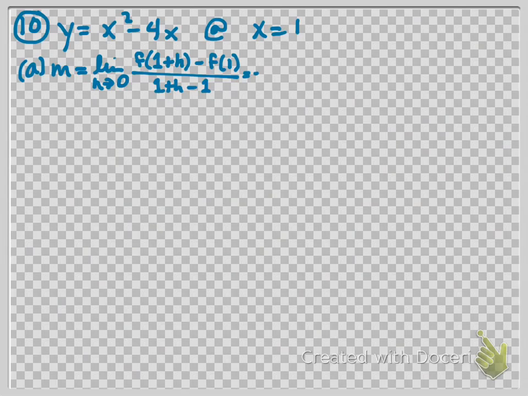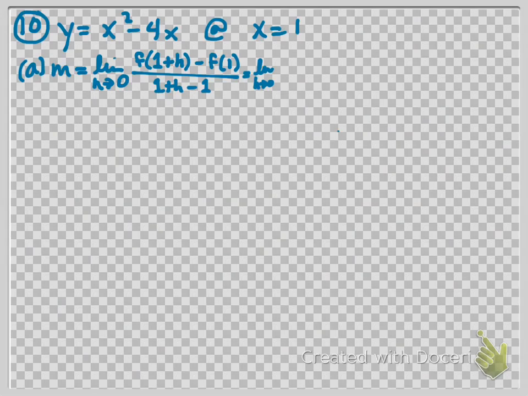So here we go. We're going to write the limit as h approaches 0, and now we're going to actually write this out. So what does f of 1 plus h mean? What are we about to do? We're about to plug 1 plus h into the given function. Yes?